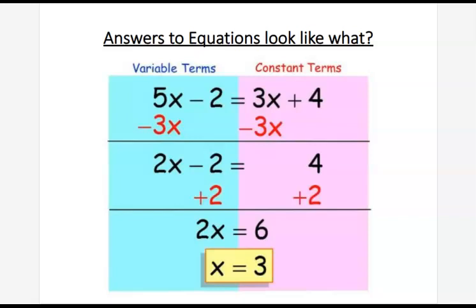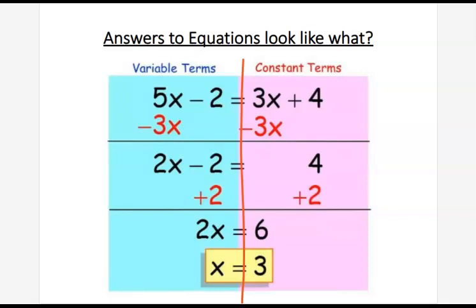So the first thing that we have to think about is, what do answers to equations look like? We are going to be solving an equation where there are variables on both sides, x's or y's. What does the answer look like? Because if I know what the answer looks like, then I can manipulate my equation to look like my answer.